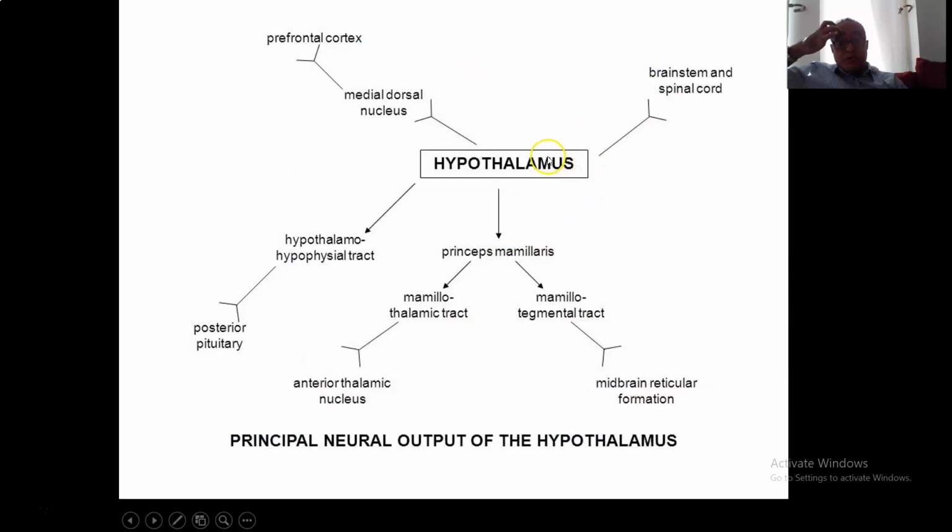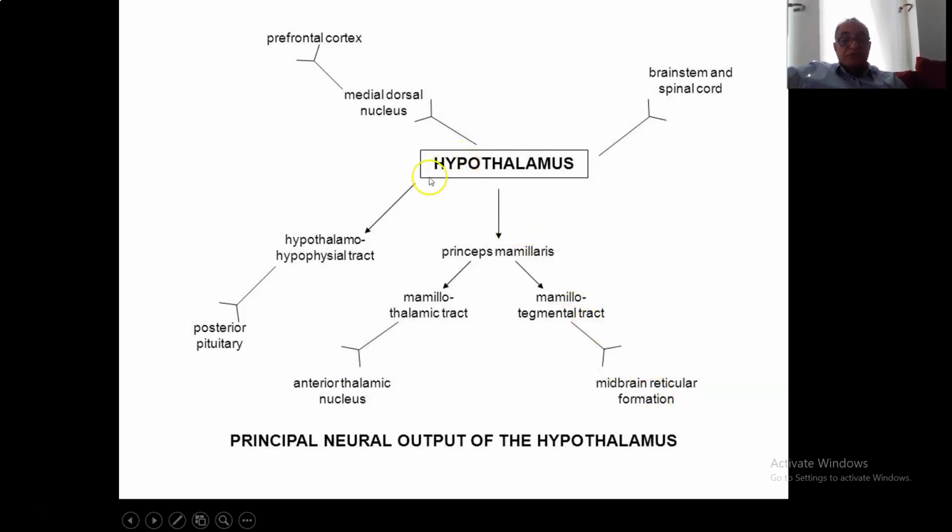So the hypothalamus sends efferents to the mammillary body, mammillothalamic efferents go to the anterior nucleus of the thalamus, mammillotegmental to the midbrain reticular formation.